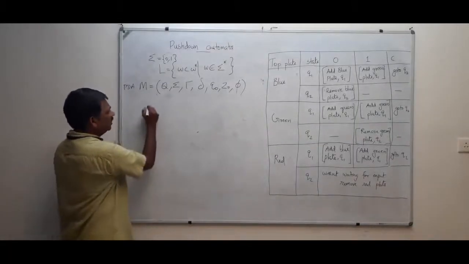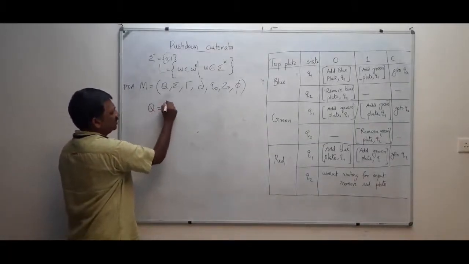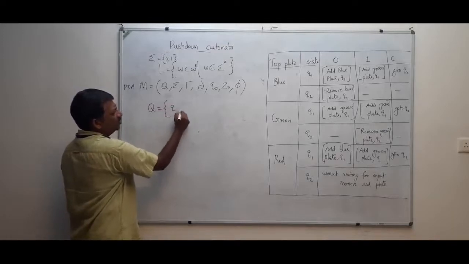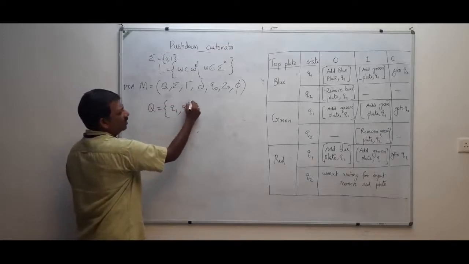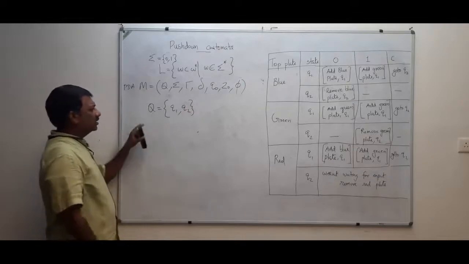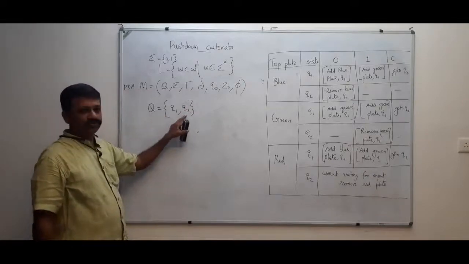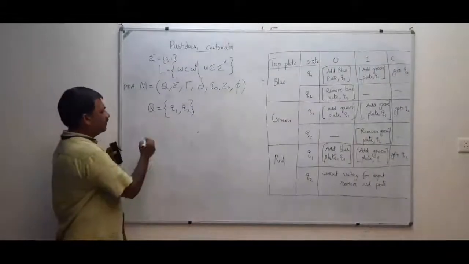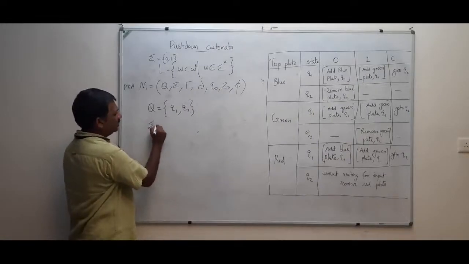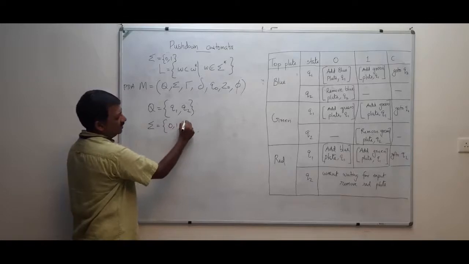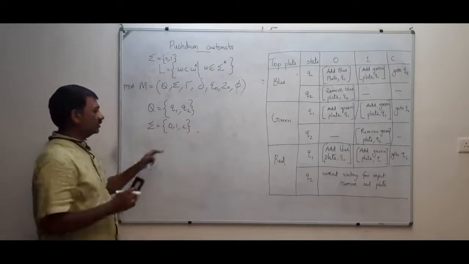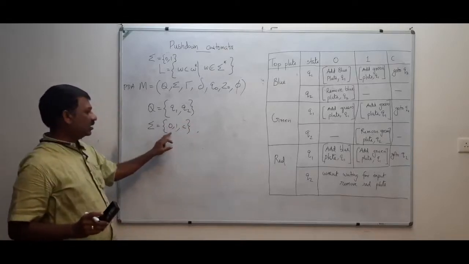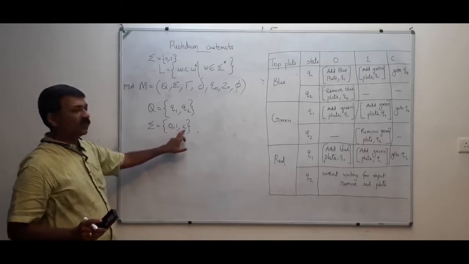For example, here Q is the set Q1, Q2. Sigma is equal to 0, 1, C. That means the input has 3 symbols: 0, 1 and small c.